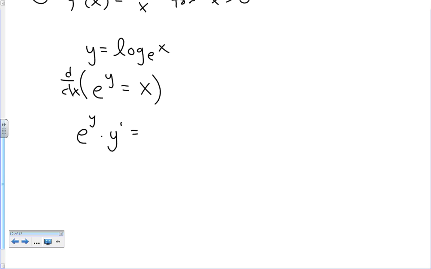And on the right side, the derivative of x is just 1. We're trying to find out what y prime is equal to, so solve for y prime. It's going to be 1 over e to the y. And replacing y with what we said it was equal to, y is the log base e of x.